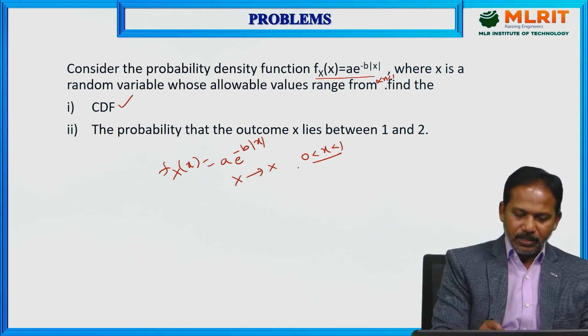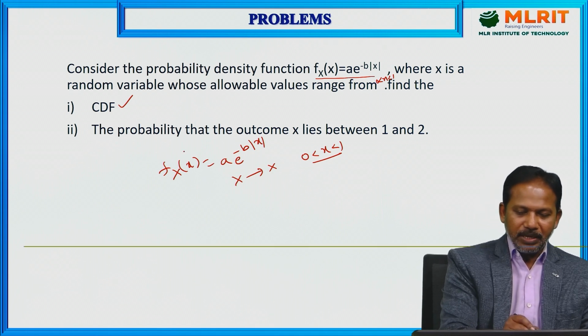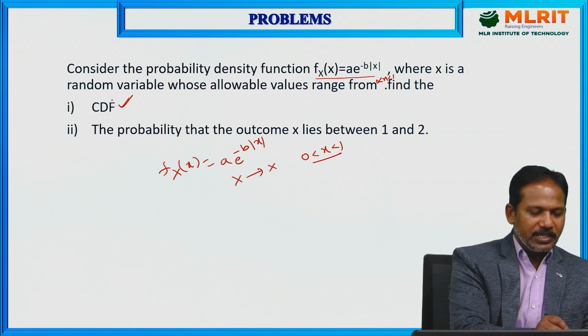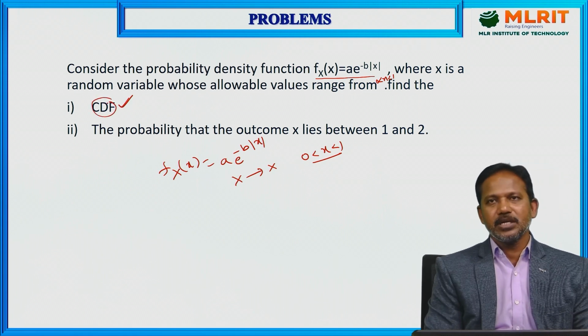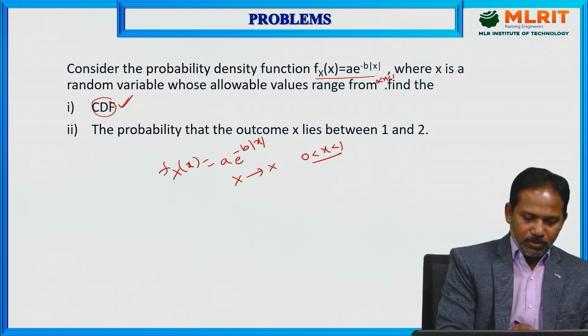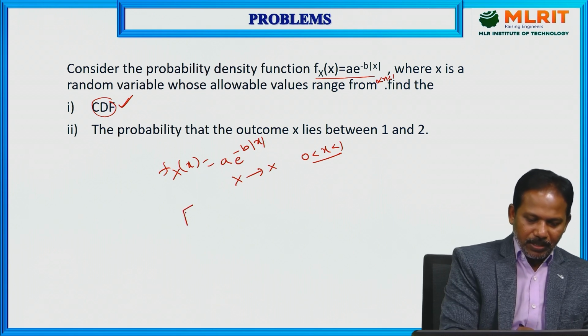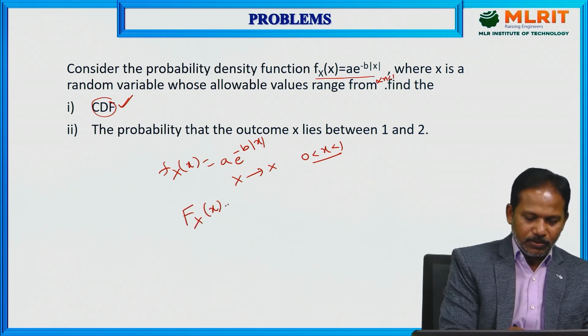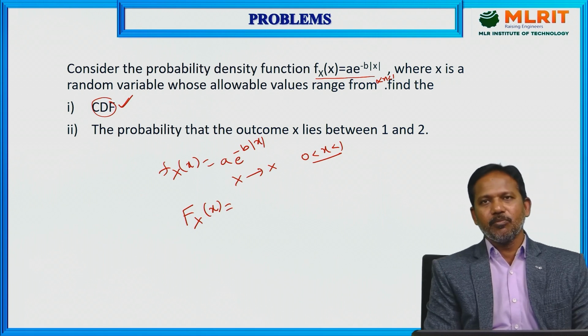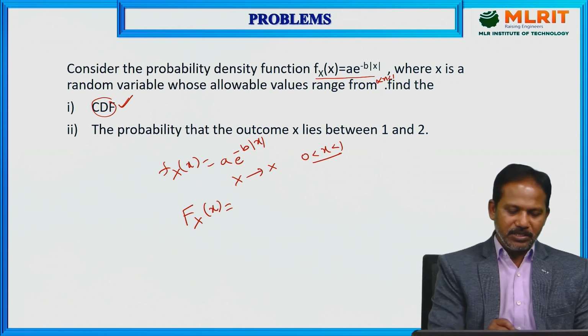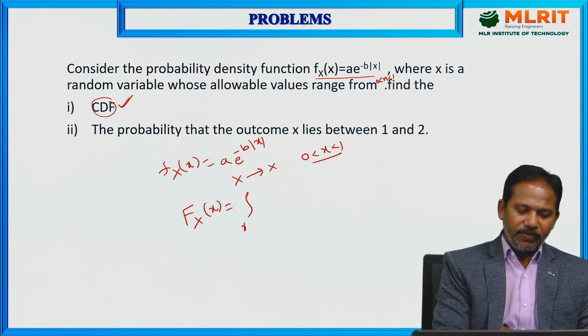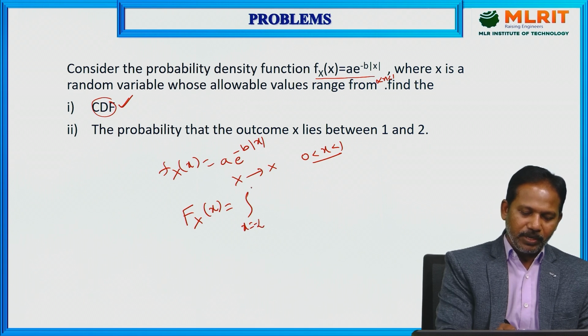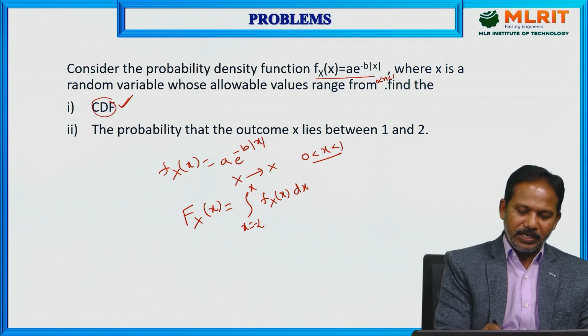See here, I need to find the probability distribution function. Here the cumulative distribution function and probability distribution function both are same only. So now I need to write capital Fx of x is equal to, by using the third property of probability density function, integral of x equal to minus infinity to x of small fx of x with dx.